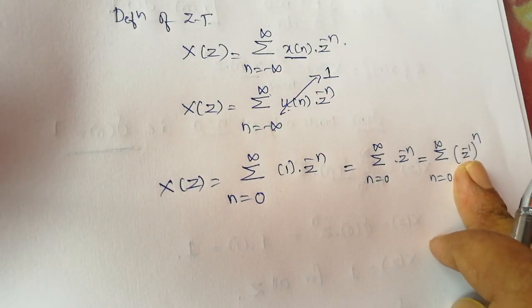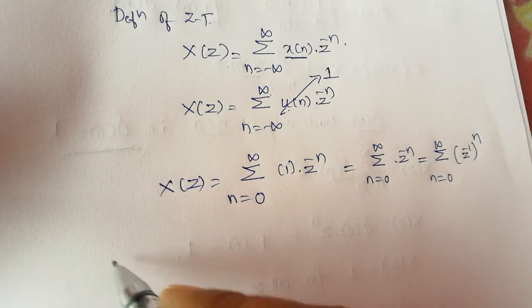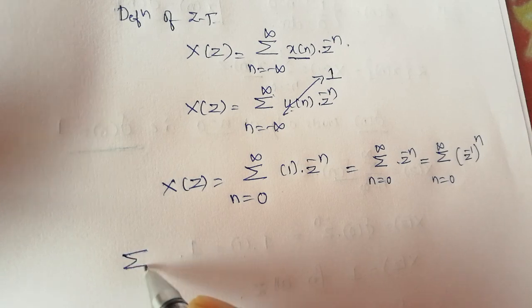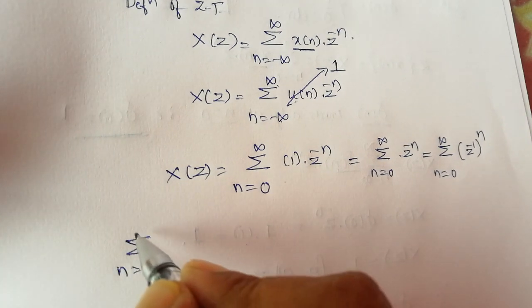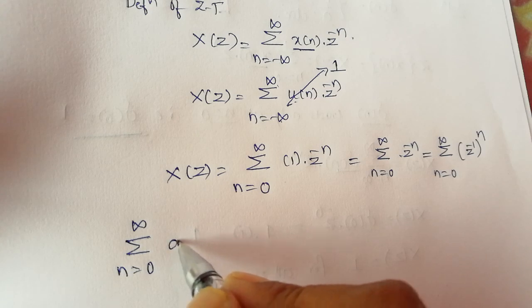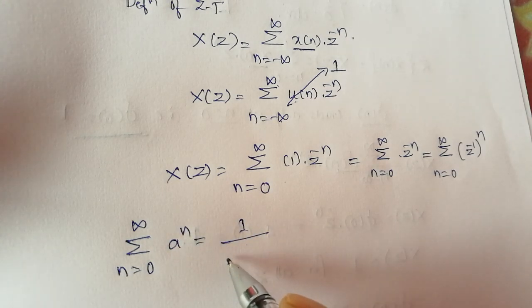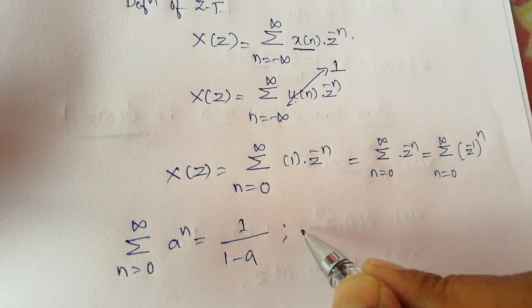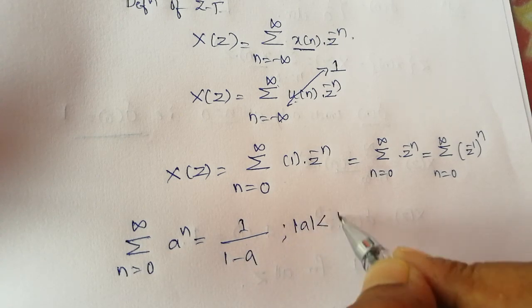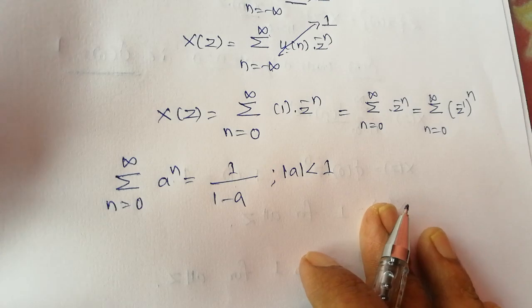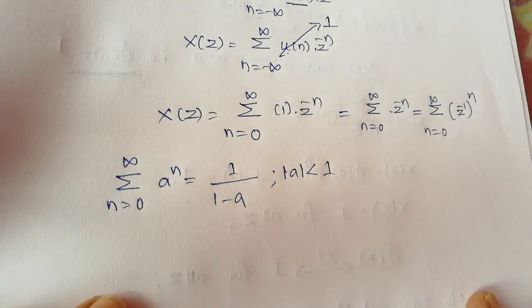We are going to simplify this using a standard mathematical formula: the summation from n equals 0 to infinity of a to the power n equals 1 divided by 1 minus a, if and only if the mod of a is less than 1. Let us make use of this formula.